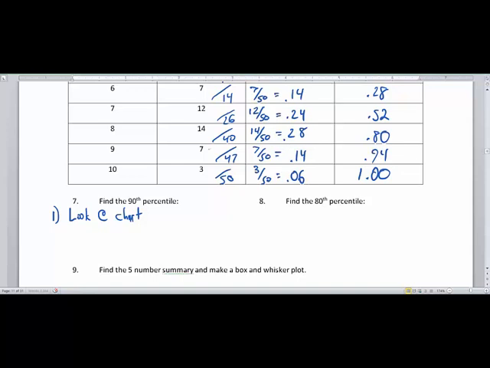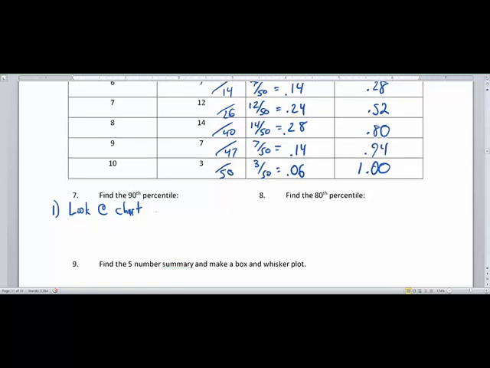If I follow this over, this puts me at 9. The reason I know I'm at 9 is because I would have several 9s. There were actually 7 of them, and that means my 90th percentile is going to be at 9. So my 90th percentile is getting 9 hours of sleep.